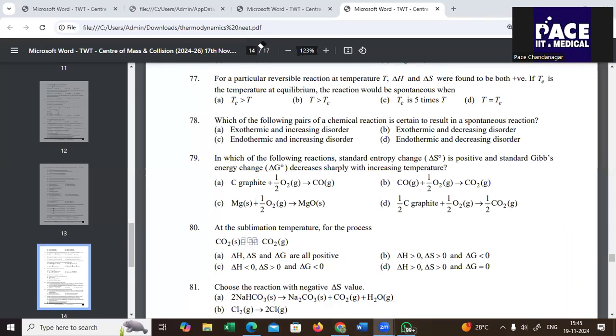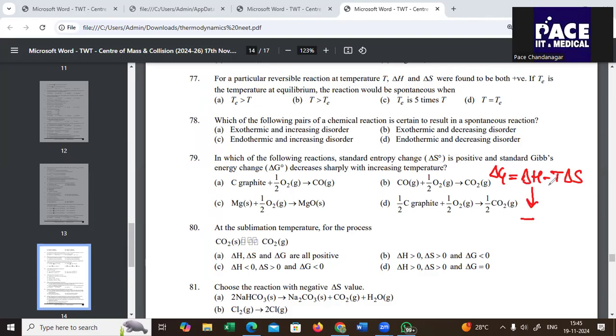Which of the following pairs of chemical reactions is certain to result in a spontaneous reaction? Question 78. What is a spontaneous reaction? Again, I'll go with the same formula: delta G is equal to delta H minus T delta S. For a spontaneous reaction, delta G has to be definitely less than 0. They are asking about exothermic and endothermic, so it has to be exothermic because heat content should be negative.